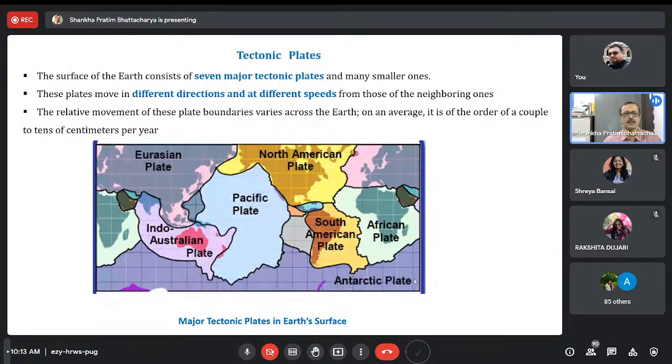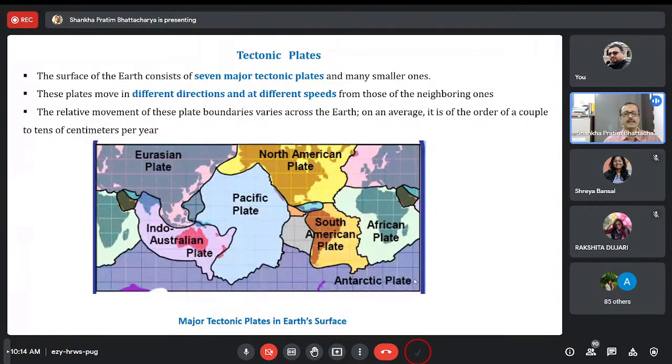And these plates are moving in different directions, and that creates the problem. Because if they were moving in the same direction with the same speed, there would be no such differential changes. But if they move in different directions and with different speeds, sometimes they come towards each other, sometimes they slip past each other, sometimes they go away from each other.